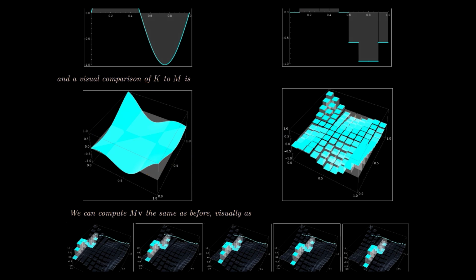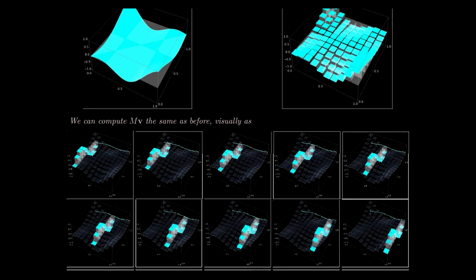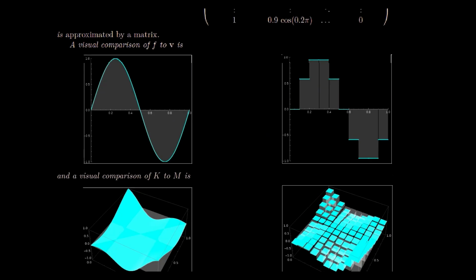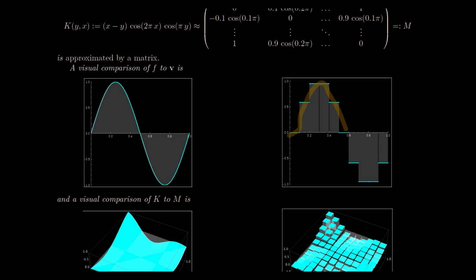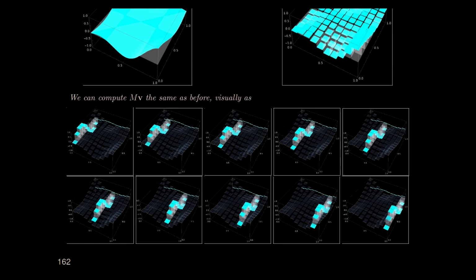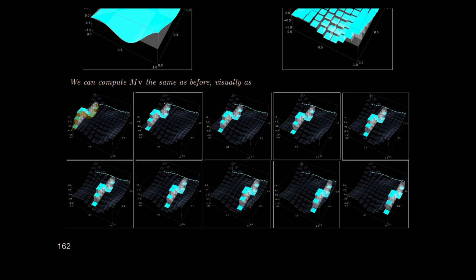But you can just think about it in the case of a 10 by 10 matrix. What's happening when we compute the matrix vector multiplication is we have our discrete vector here. Here's the vector, which is the discretized version of our sine wave. And if I take this vector and I perform matrix multiplication of my matrix on that vector, what happens? I rotate the vector against the matrix, multiply them together, and sum the output.